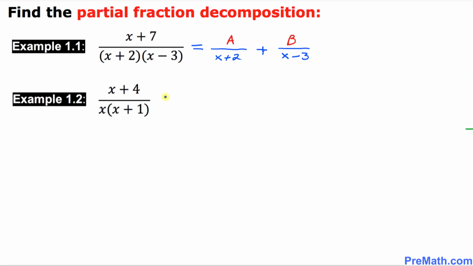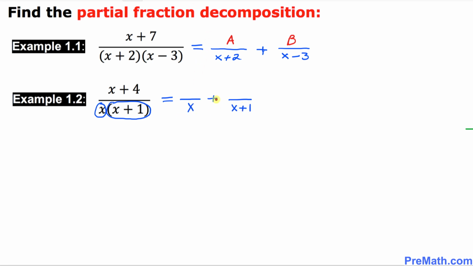Let's go ahead and do the same process. Once again, we are going to find the partial fraction decomposition. And as far as our denominators are concerned, we have 2 linear factors. I am going to write down x for the first fraction plus, in the second fraction, I'm going to write down x plus 1, as you can see.